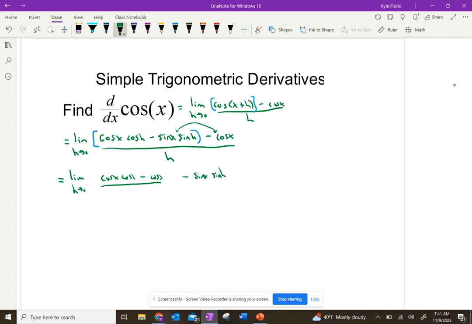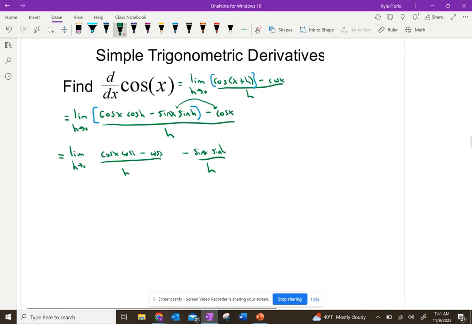And this is all over h, which is equivalent to having the two of them over h separately. And if I factor out the cosine x, they both have a cosine x, I'm left with cosine h minus 1 over h. And then here I have a sine h over h.